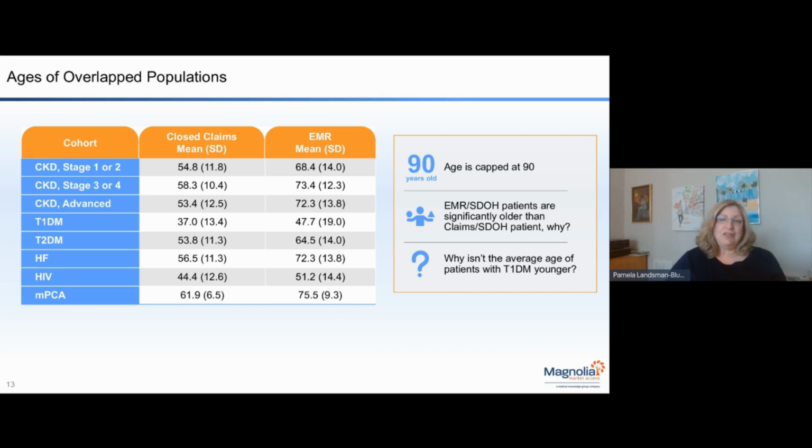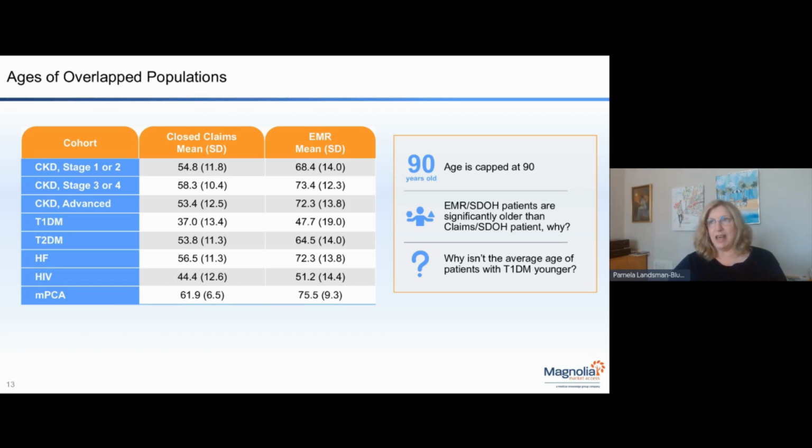This actually has to do with the SDOH data. So it is consumer data, is where our data is sourced from. It is not captured on people younger than 18. And in part, also, you cannot advertise in the US.